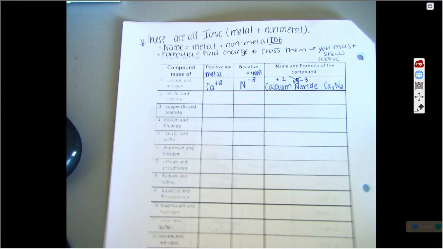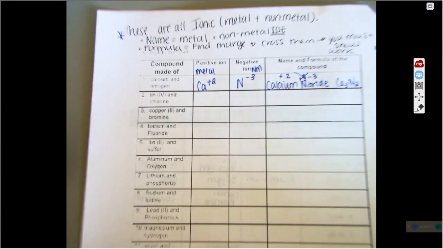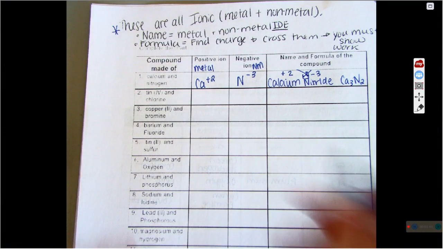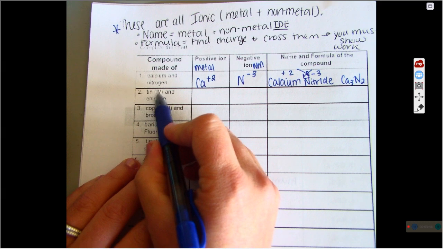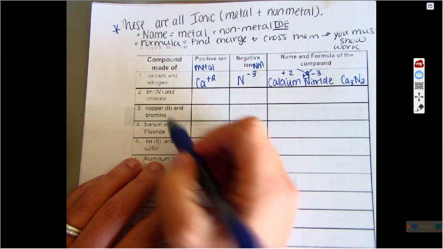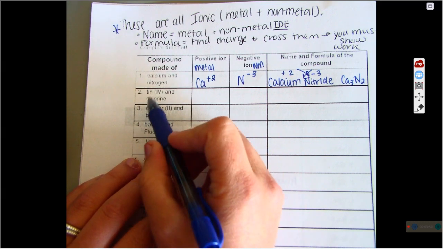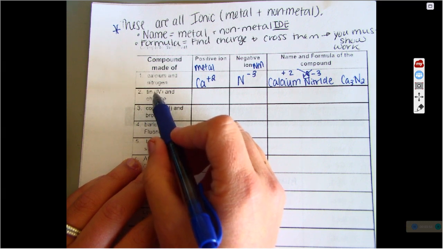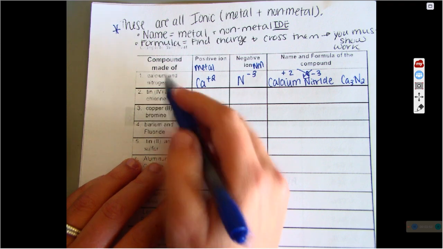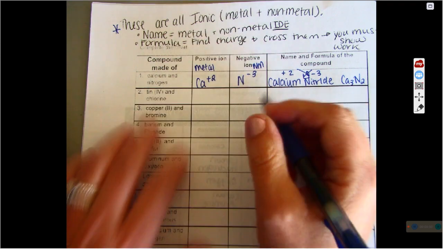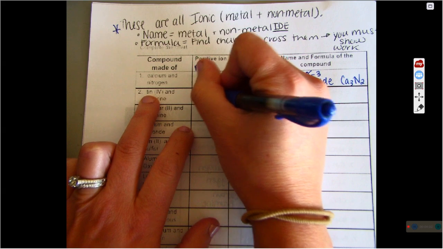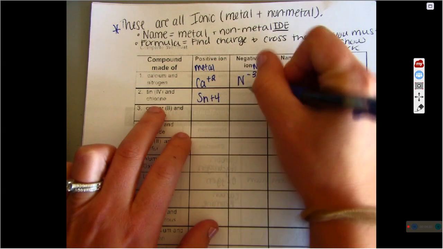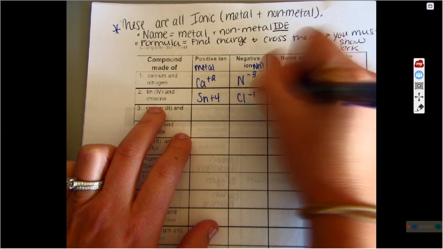All right? Now, I am not going to take the ones that are transition metals as a grade, but I do want you to understand the Roman numeral tells you the charge of that element. The reason those need a Roman numeral is because we have variable charges in our transition metals. What that means is we don't have a set charge. So in group 2, it always forms a positive 2 ion. This one's showing a 4. So that means I have tin, which is Sn, with a positive 4 charge, and chlorine with a negative 1 charge.